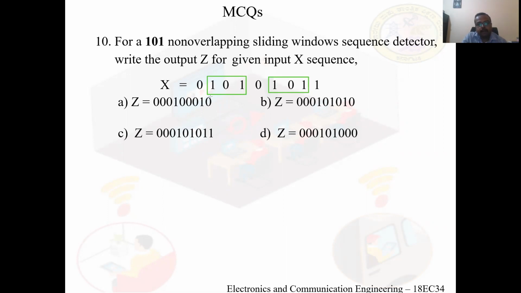So here we get 1 0 0 0 1 0 0 0 1. So what we have is 0 0 0 1 0 0 0 1 and 0. Option A is the correct one. We should get 2 ones. So option A is the correct answer for question number 10.